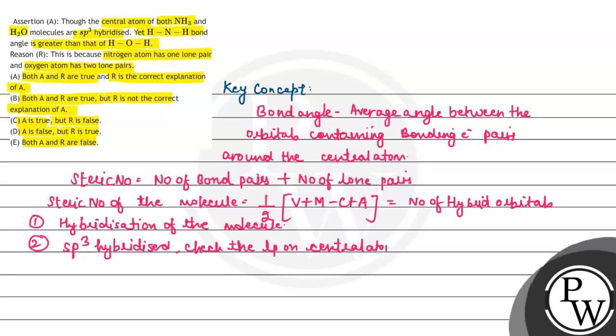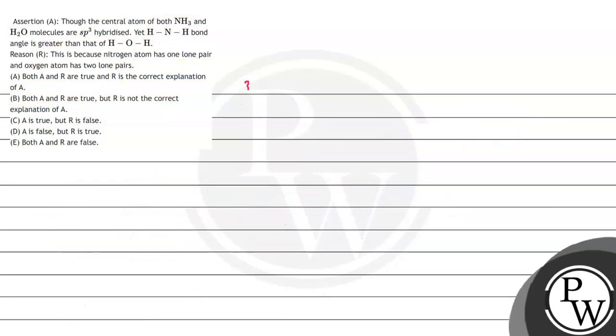The bond angle is inversely proportional to the lone pairs on the central atom. The more lone pairs, the more repulsion, so the bond angle decreases. So only if it is sp3 hybridized do we check lone pairs, and lone pairs are inversely proportional to bond angle. But what if the lone pairs are the same?